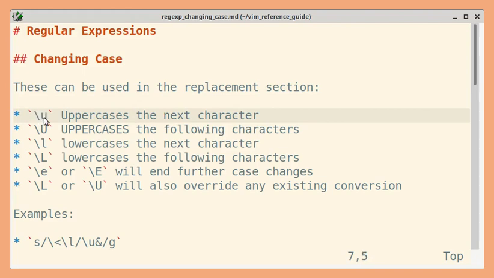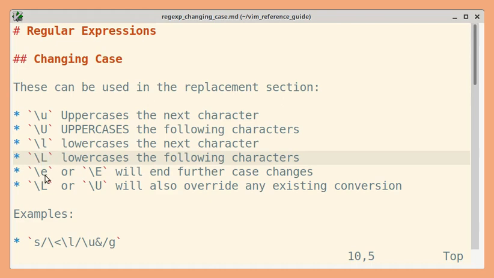Backslash and lowercase u will uppercase only the next character. Backslash and uppercase U will uppercase all the following characters. Similarly, backslash and lowercase l will lowercase only the following character, and the uppercase version will lowercase all the following characters.